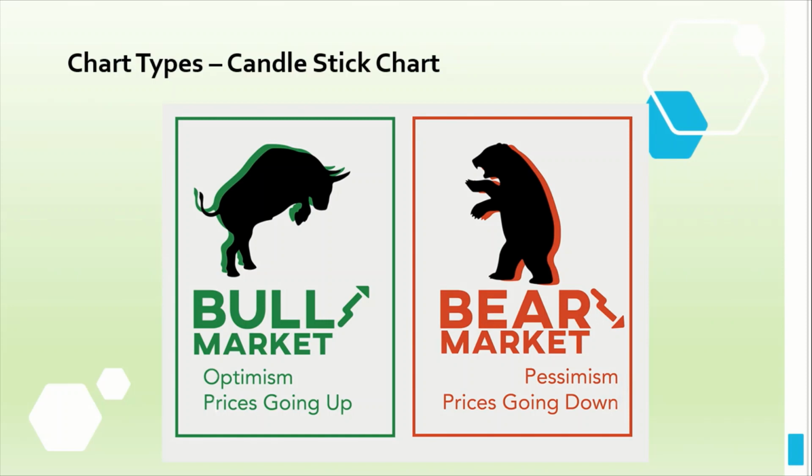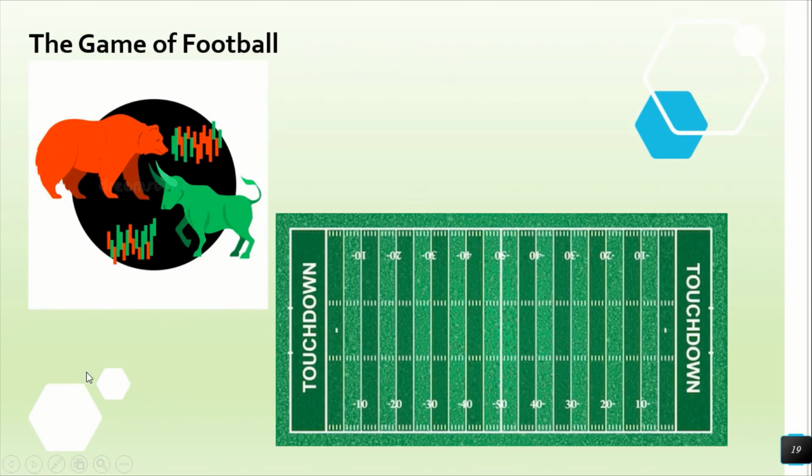makipaglaban sa kanilang opponent. So, para silang naglalaro ng football. Okay? So, sa larong football, there's what we call the touchdown area. So, in a football game, kailangang madala ng opponent yung bola sa kabilang side or sa side ng kalaban.